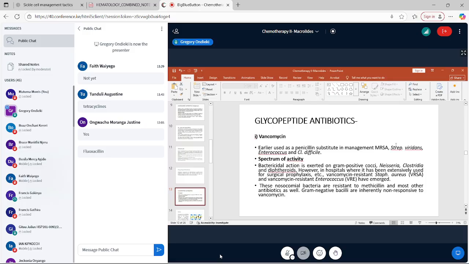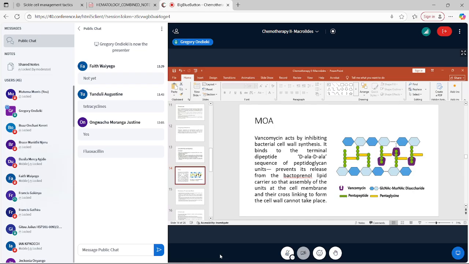However, in hospitals where it's been used a lot, you expect to have vancomycin-resistant Staph aureus. That's analogous to methicillin-resistant Staph aureus. Then, these nosocomial bacteria are resistant to methicillin and most other antibiotics as well. So anything that has a VRSA will also resist methicillin.